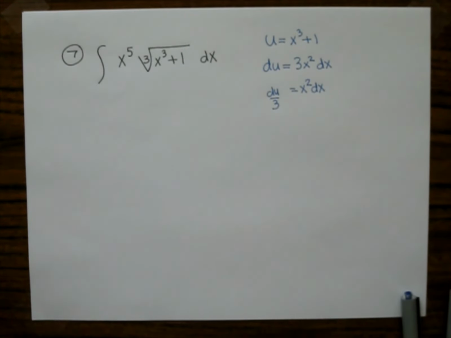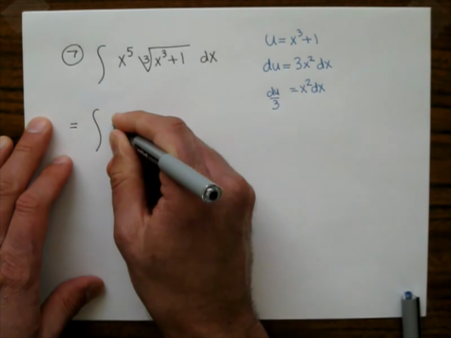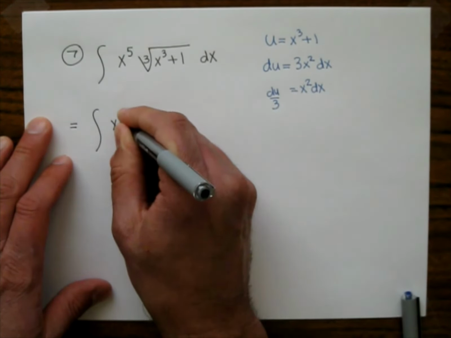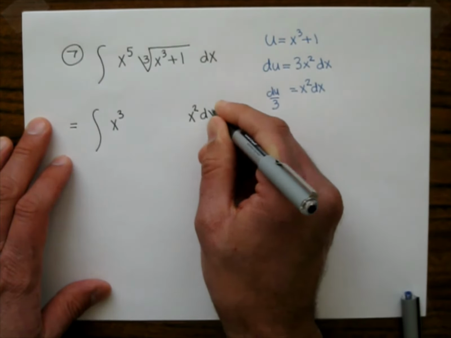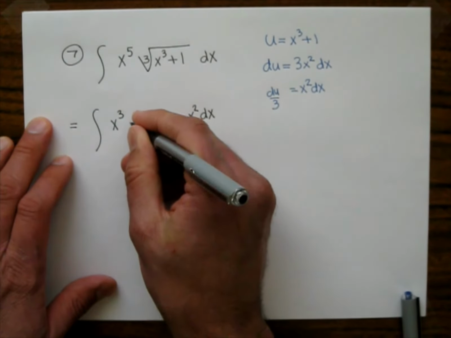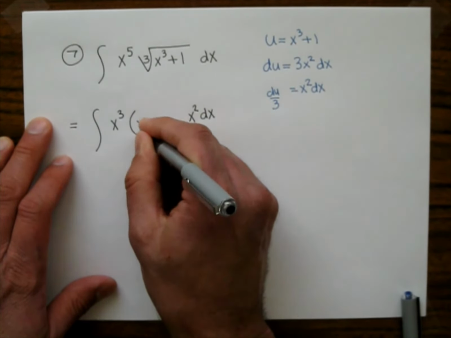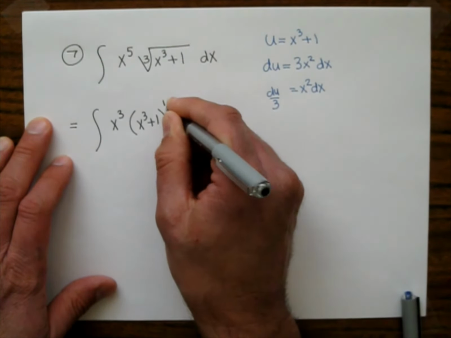So let's go ahead and rewrite this integral problem here. This is really the integral of x cubed times, let's put the x squared over here near the dx. So we agreed that this x to the 5th can be written like that. And then this right here is x cubed plus 1 to the 1/3 power.